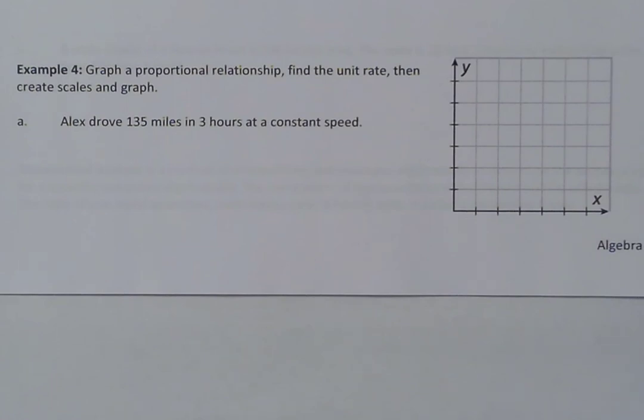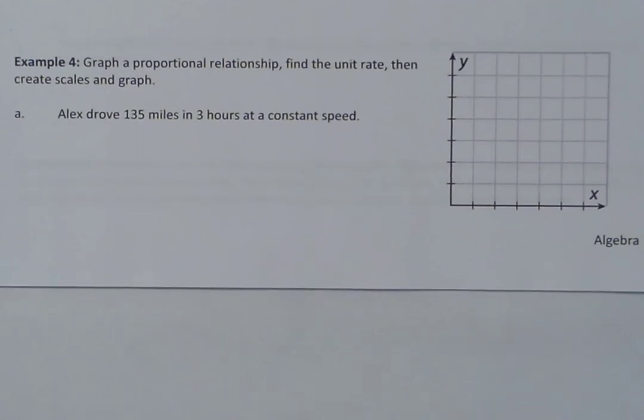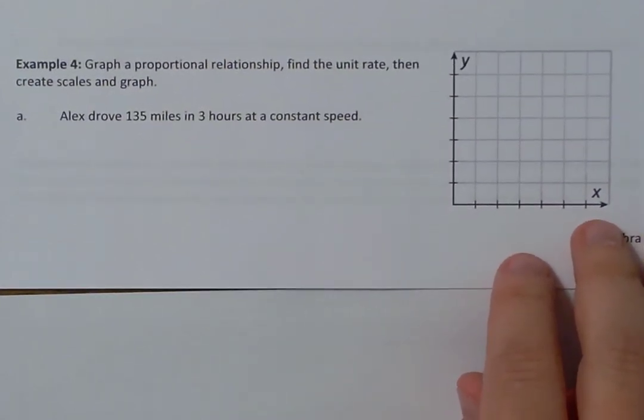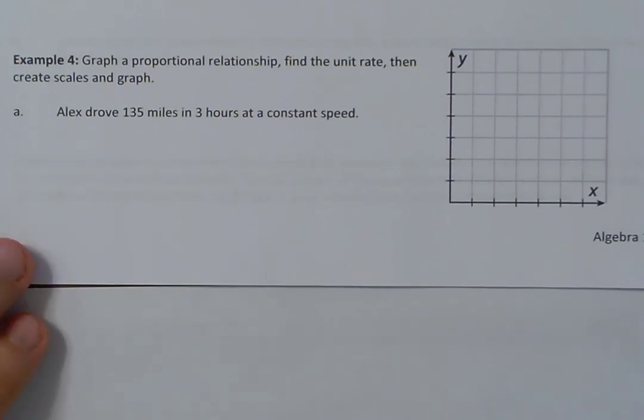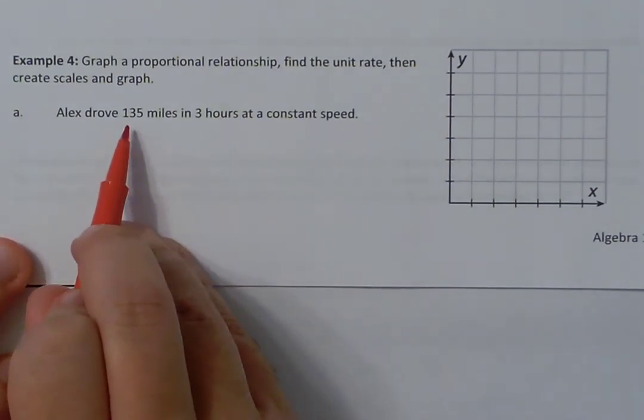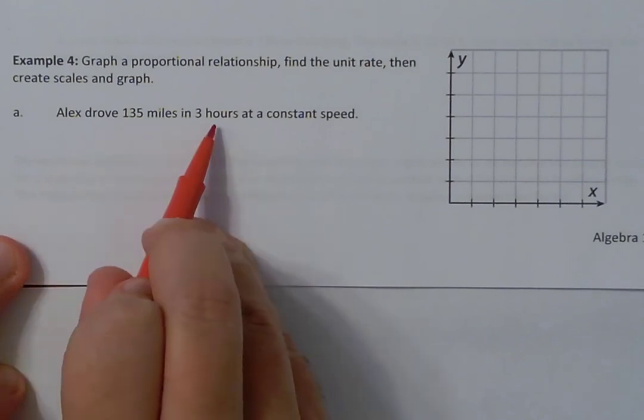So the situation for example 4a is that Alex drove 135 miles in 3 hours at a constant speed. What it wants us to do is figure out a unit rate. A common unit rate in this case would be miles per hour. So we're going to set up a ratio: we have 135 miles in 3 hours.